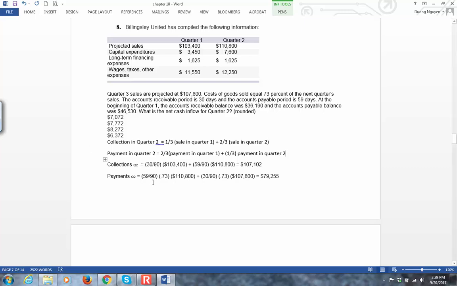So 2/3, which is 59 over 90, of the payment in quarter 1.